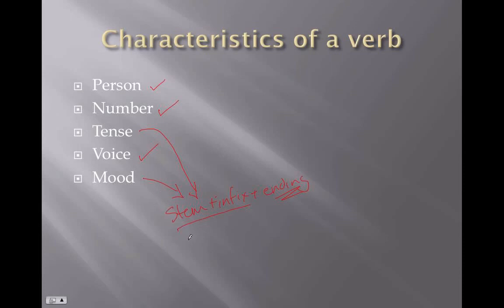So we're actually going to have multiple stems for a verb, and that, along with its infix, is going to determine whether it's present indicative or present subjunctive, whether it's a perfect, that is one of the past tenses, indicative, or perfect subjunctive. So as you learn Latin, you're going to learn various combinations of stems and infixes. But as you're starting out, the most important thing is look to that ending. It tells you a lot of information.